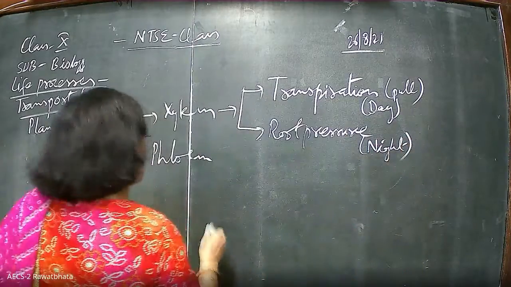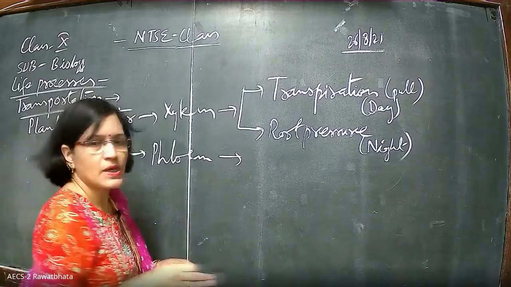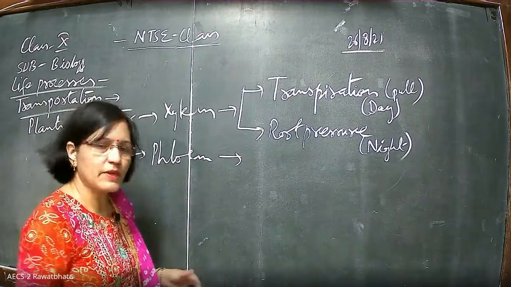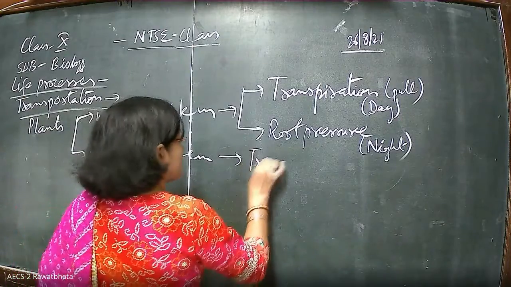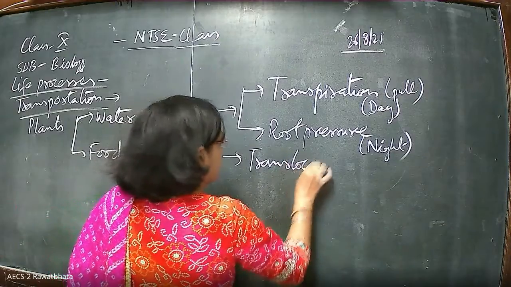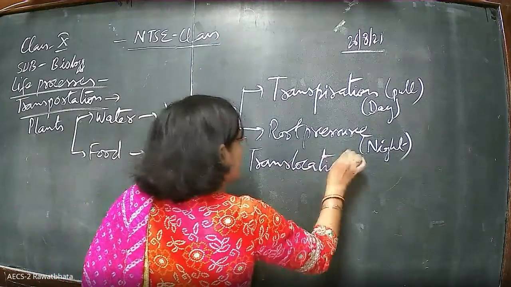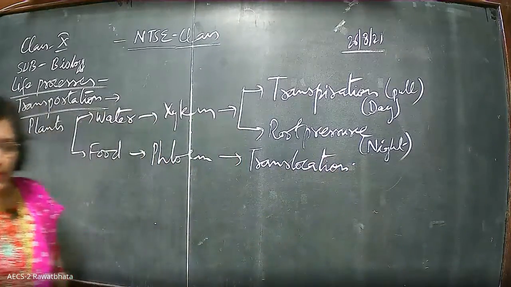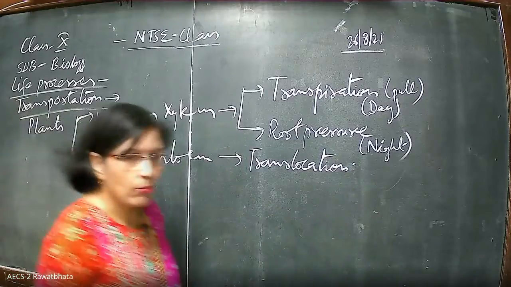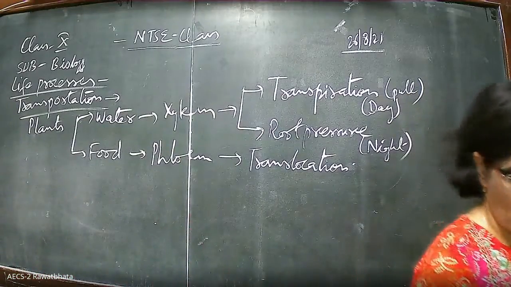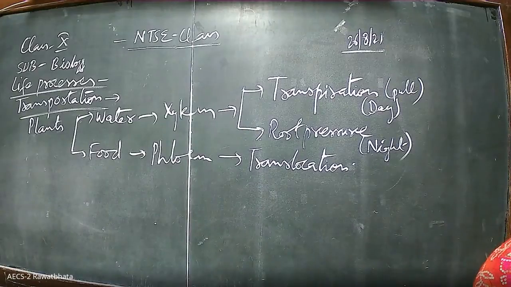The transportation of food with the help of phloem, sideways, downwards, all the way around, is known as translocation. The transportation of food by the plants falls in the category of translocation.